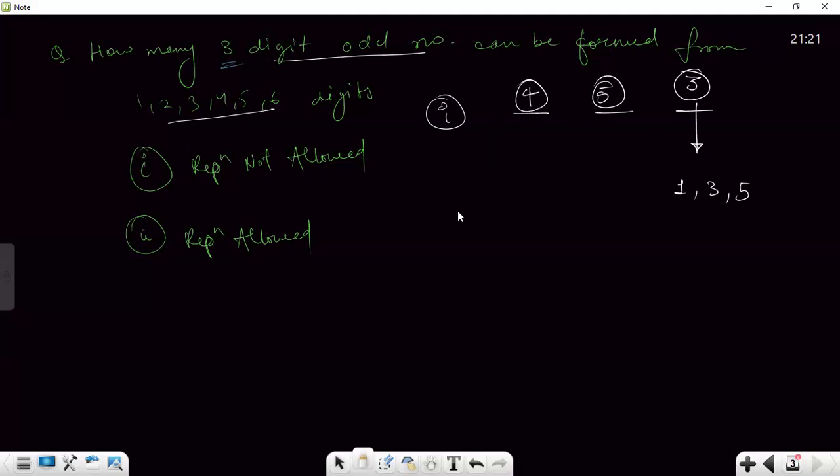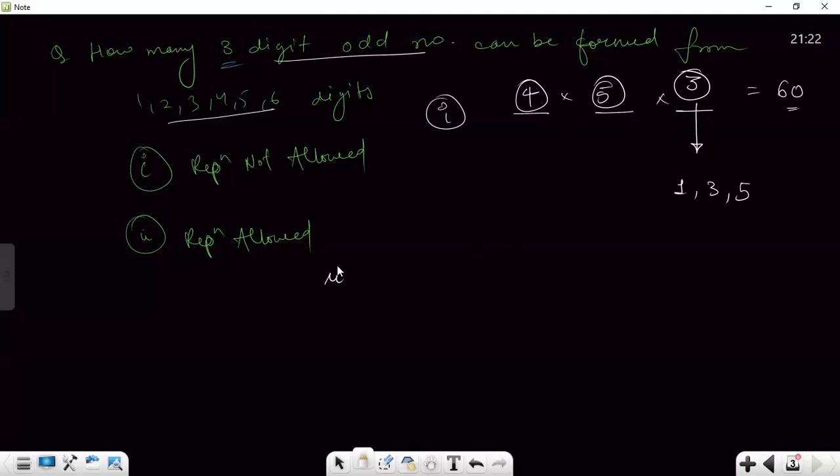Please note one thing, that we will start with the place which is very special for us. Here, the place that is special for us is the unit digit. All these events of filling the digits are dependent on each other. So now 4 ways into 5 ways into 3 ways, that will make 60 the answer for this particular part. Any doubts, anyone? No doubts? No, sir. Great.